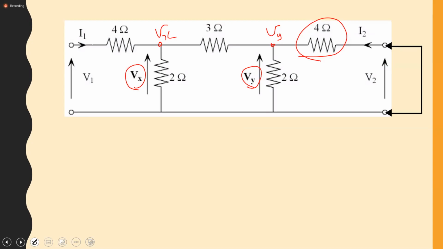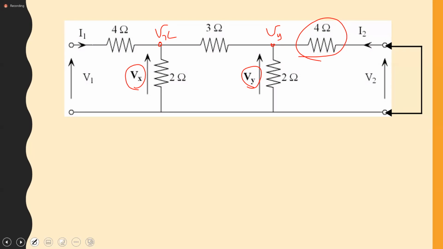Whilst I used current division for the impedance parameters, I'm now going to use the voltage divider rule in finding the admittance parameters.